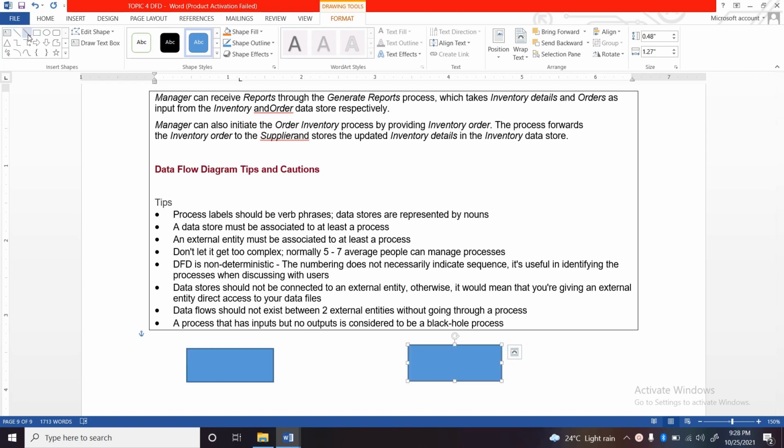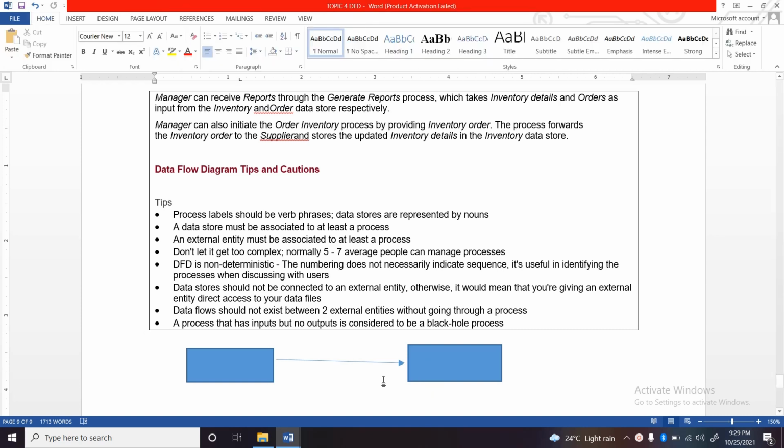So, we cannot put our data flow directly like that. So, we should always put a process in the middle. Like in an entity relationship diagram, it has a diamond in the middle. Okay? So, we cannot connect them. It says here, data flow should not exist between two external entities without going through a particular process.